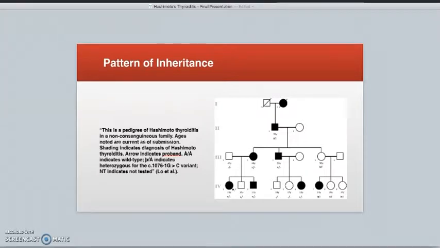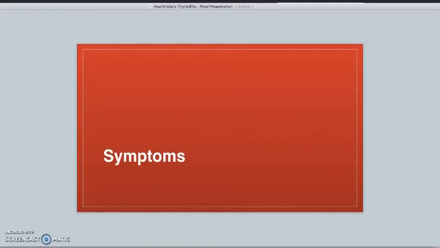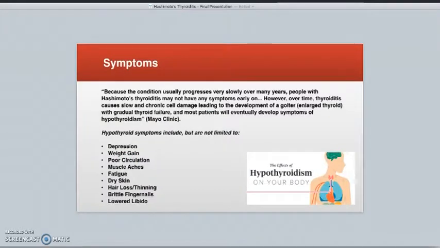Symptoms. So the symptoms vary widely depending on the person. Over time, Hashimoto's causes slow and chronic cell damage, so it can slowly develop any or all of these symptoms. And of course, like we talked about before, the symptoms of Hashimoto's, although they are predominantly hypothyroid symptoms, so symptoms of low hormone levels, they can also have hyperthyroid symptoms, which are very different, and they vary wildly.